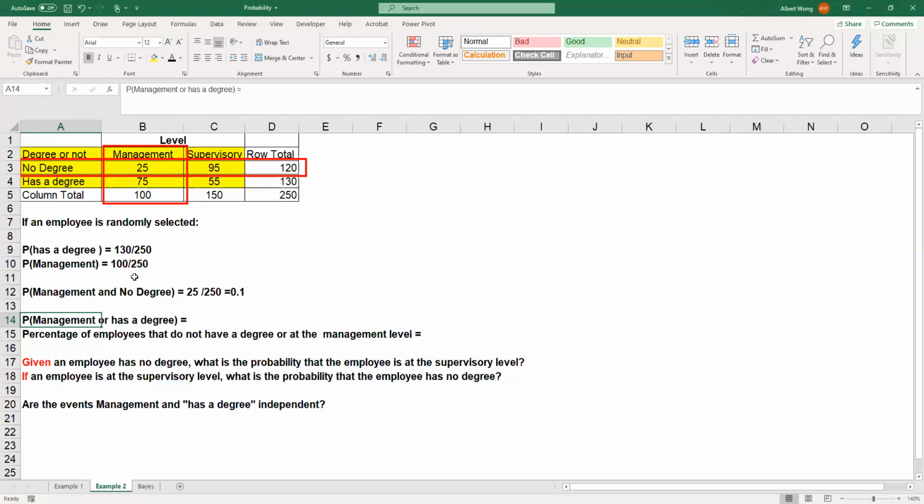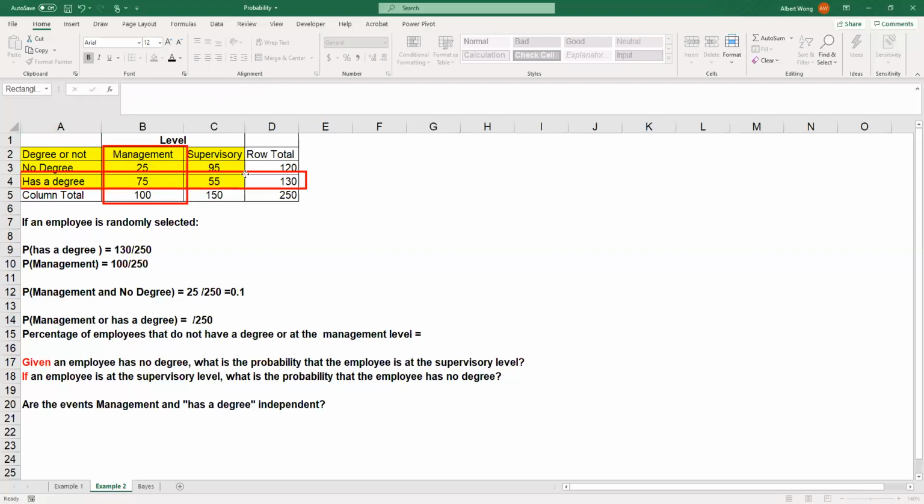Well, the bottom again is equal to 250 because out of the 250 employees, how many of them are at the management level or have a degree? Well, again, we can just use this to help us. So how many of them are at management level? 100. How many of them have a degree? 130.